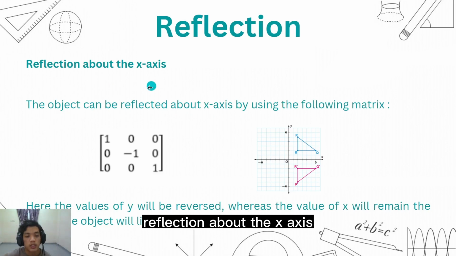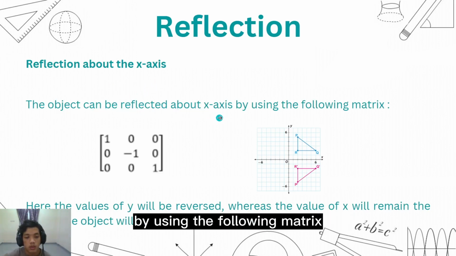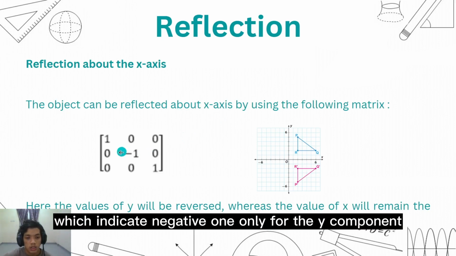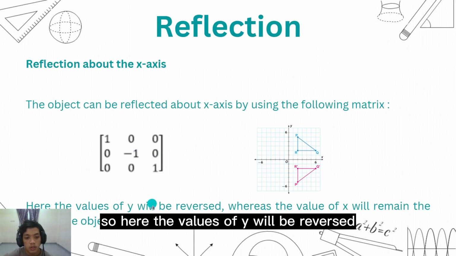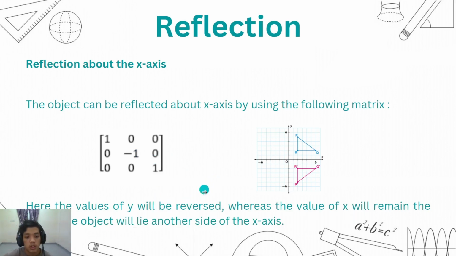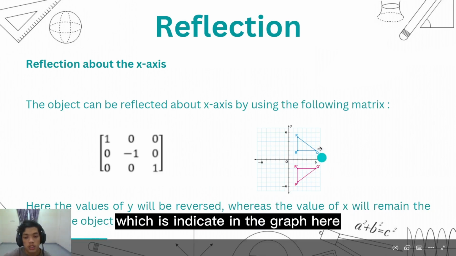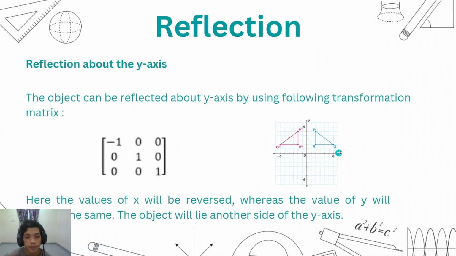Reflection about the x-axis. The object can be reflected about the x-axis by using the following matrix, which indicates -1 only for the y component. So here, the values of y will be reversed, whereas the value of x will remain the same. The object will lie on another side of the x-axis, as indicated in the graph here.